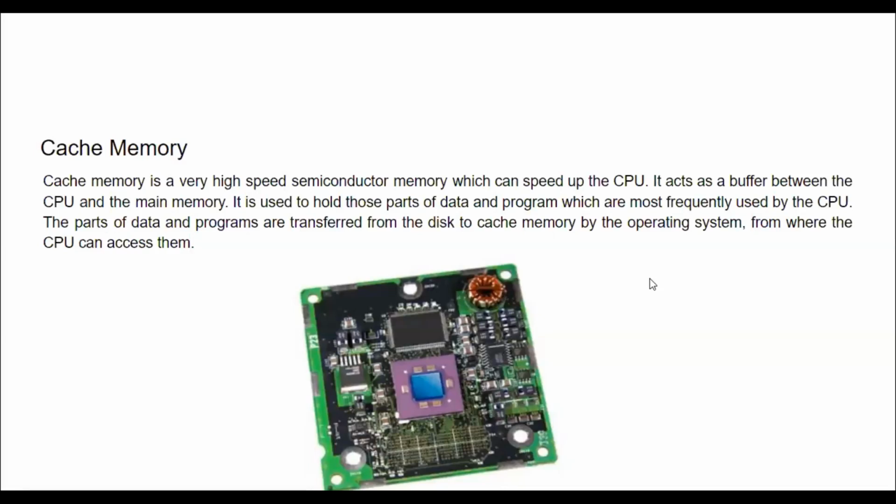As shown in the figure, it is a small-sized type of volatile computer memory that provides high-speed data access to a processor and stores frequently used computer programs, applications, and data. It is a temporary storage of memory. Cache makes data retrieving easier and more efficient.